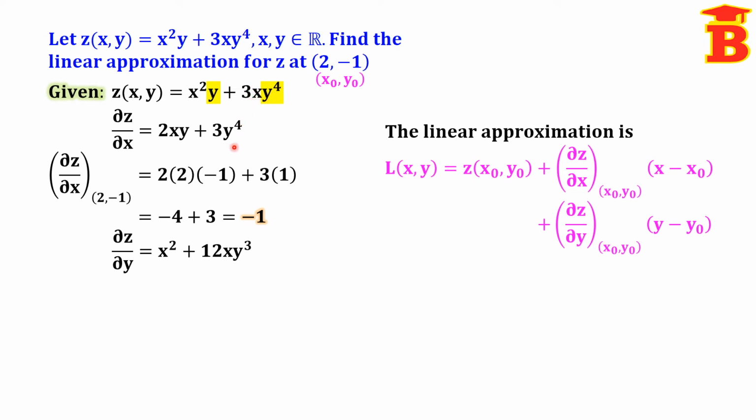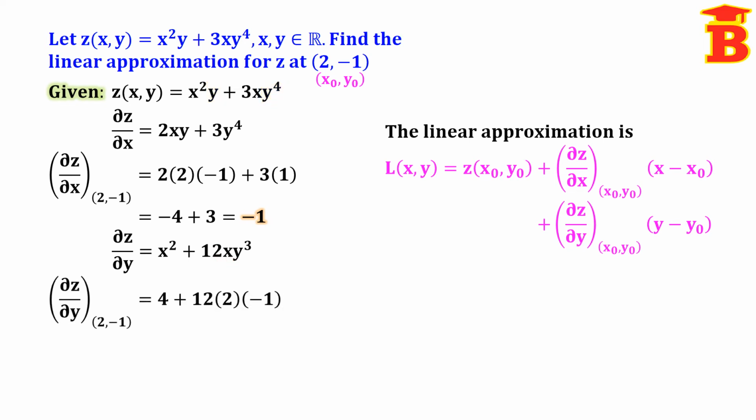So 12x into y cube. So to differentiate this y power 4 we use the formula n x power n minus 1. So we get 4y cube. 4 into 3 12. So 12x into y cube.